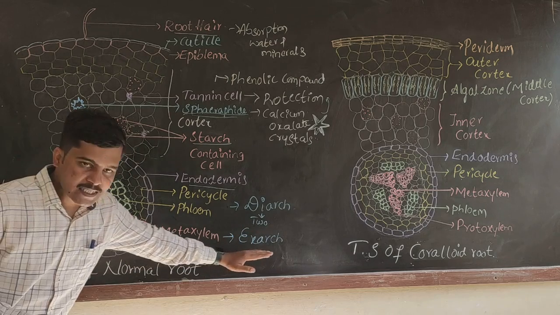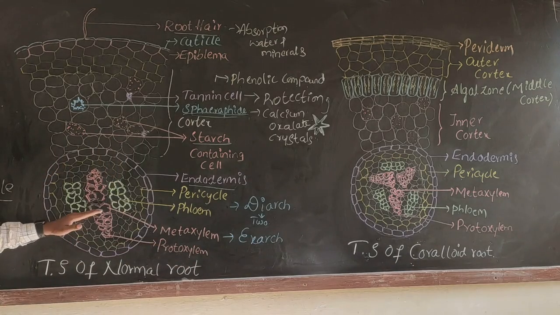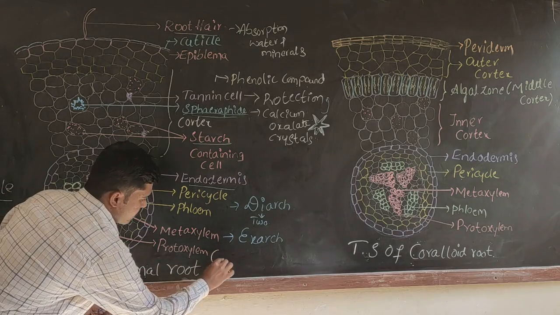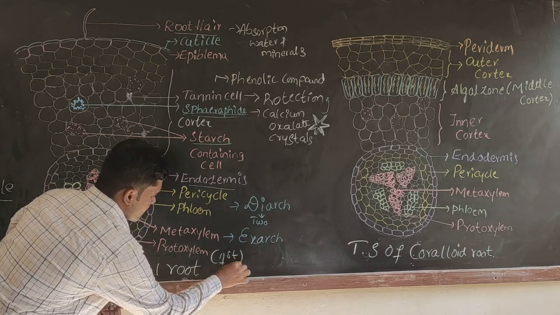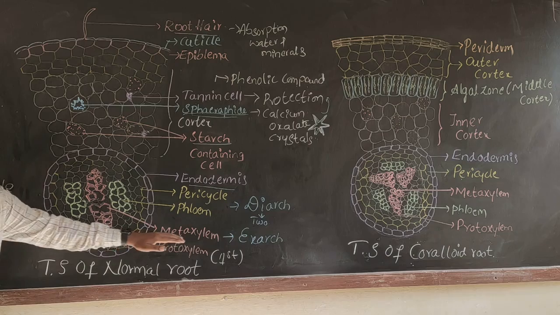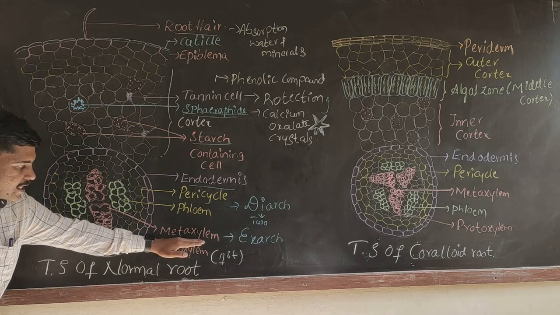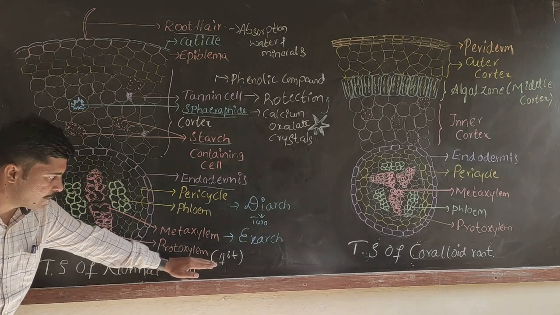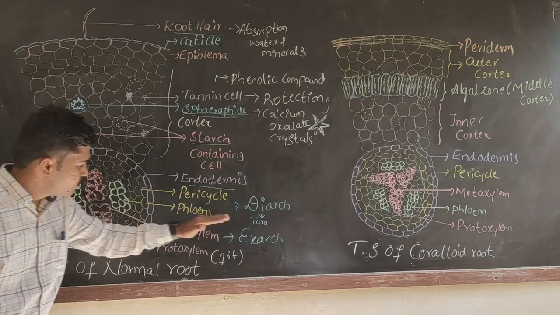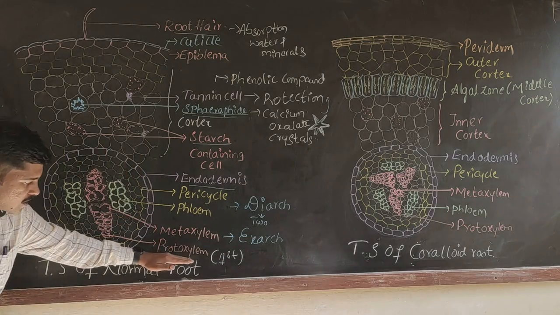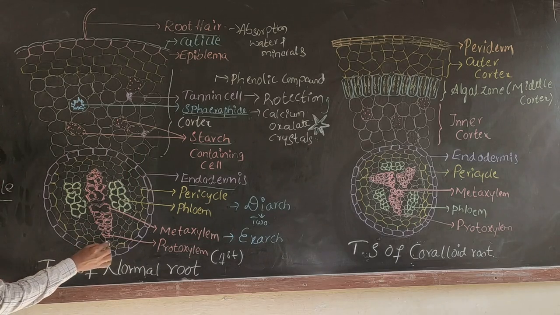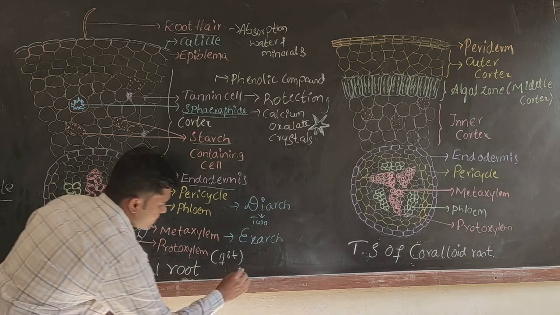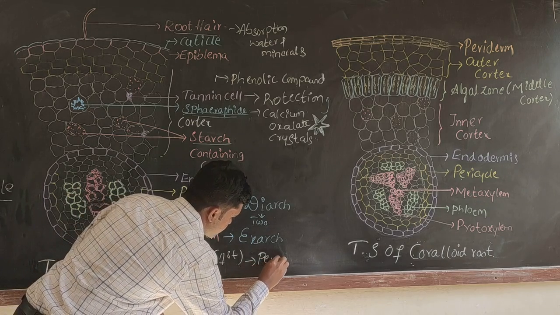And exarch means usually the first form of xylem is known as protoxylem. Proto means first form, and the later form of xylem is known as the metaxylem.